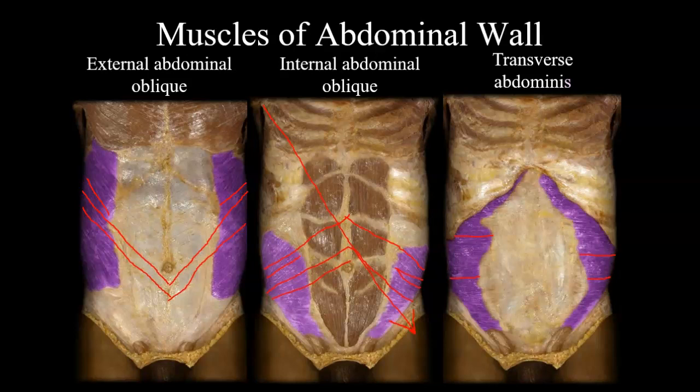One of the ways we build intra-abdominal pressure is through the contraction of the transverse abdominis muscles, as well as the oblique muscles. If they're really stretched, they can't produce much force, and that decreases how much pressure we can build inside of the abdominal cavity.